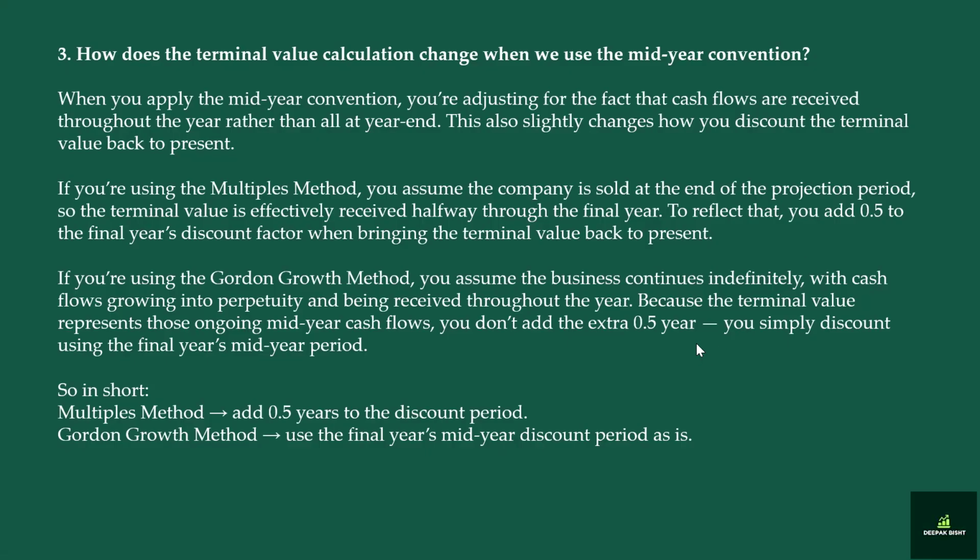So in Gordon growth, we do not add, and if we are using the multiples method, we do add. In the multiples method, we add 0.5 to the discounting period, and in Gordon growth, we use the final year's mid-year discounting period as it is.